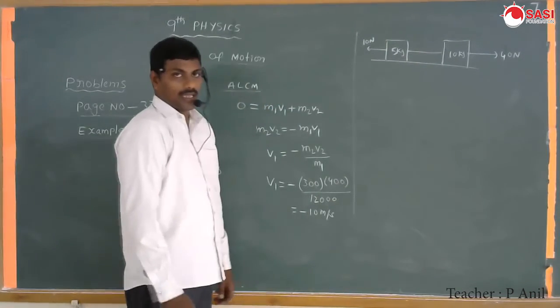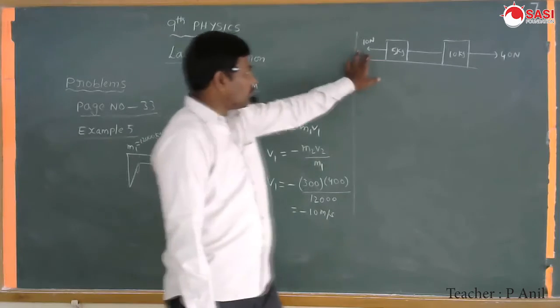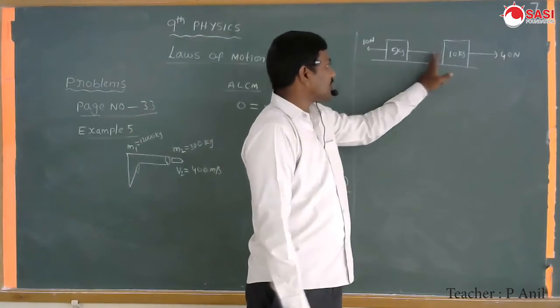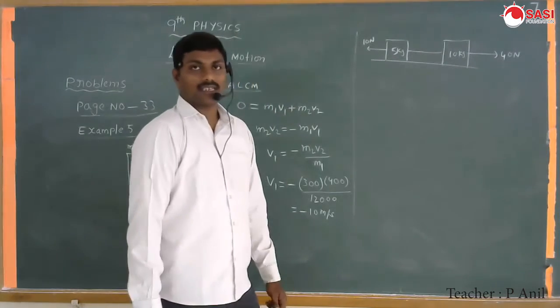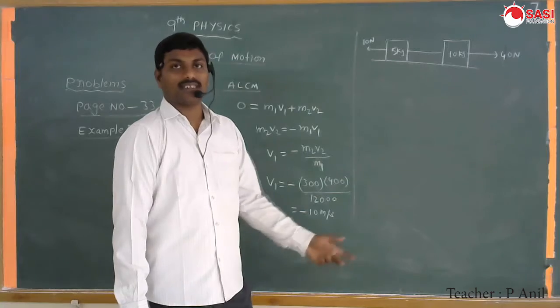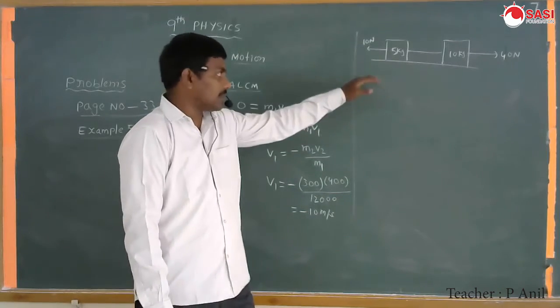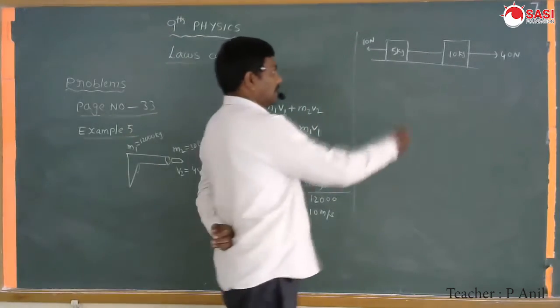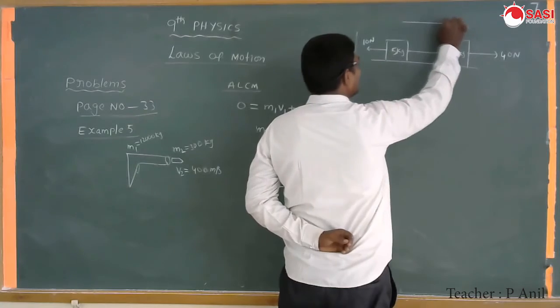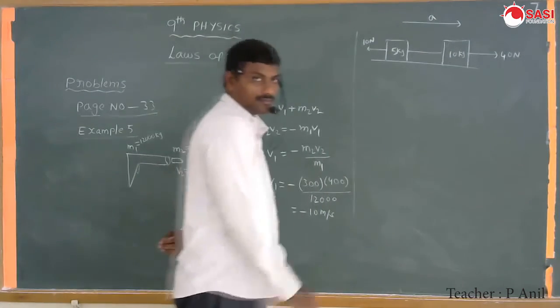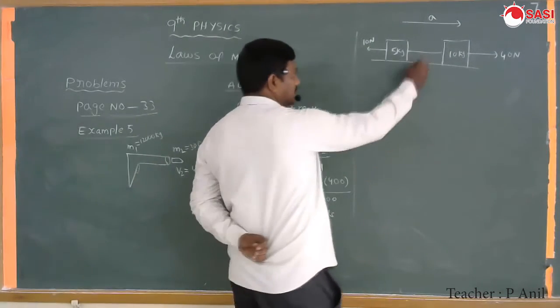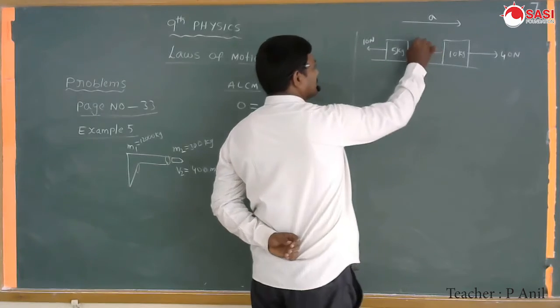This is a string. What is the acceleration of the system as well as the tension in the string? Let us say the acceleration of the system is in this direction and the tension in the string is T.